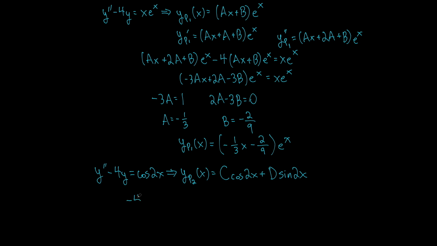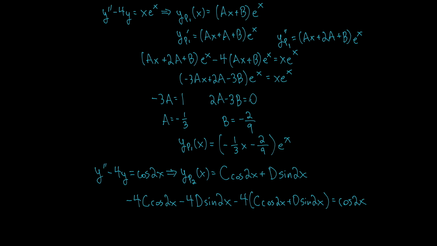So it'll be -4c cosine 2x - 4d sine 2x when we take our second derivative, minus 4 times y, so that'll be 4 times (c cosine 2x + d sine 2x), and that should equal cosine 2x.